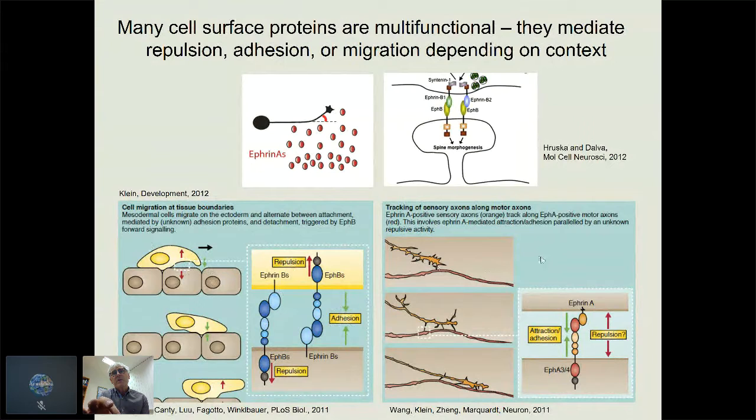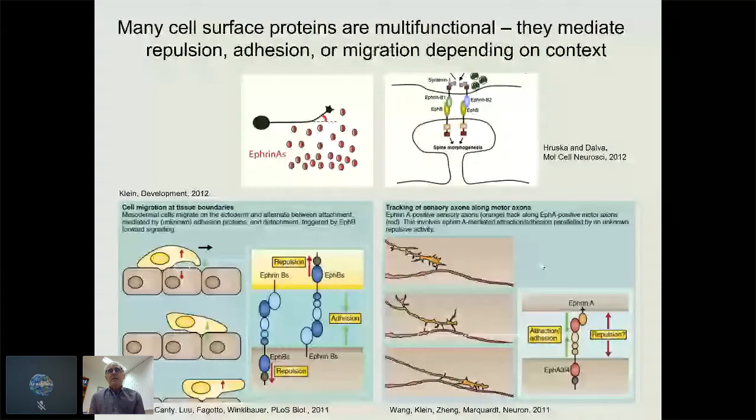Now, interestingly, on the right here, there's an example that was actually published in the same year from Till Marquardt's lab, who studied the tracking of sensory axons along motor axons. And he found that the sensory axons express ephrin-As, while the motor axons express the corresponding EphA receptors. And in this case, they actually do the opposite.